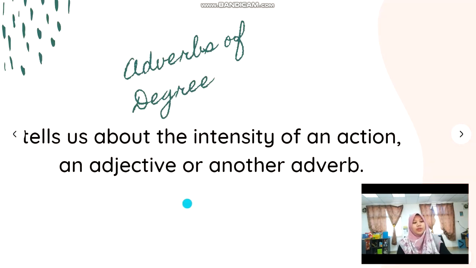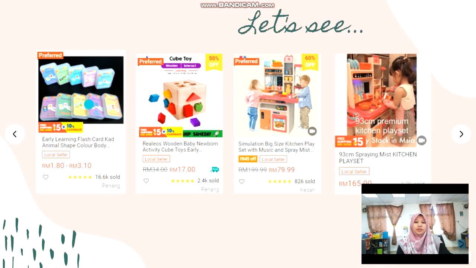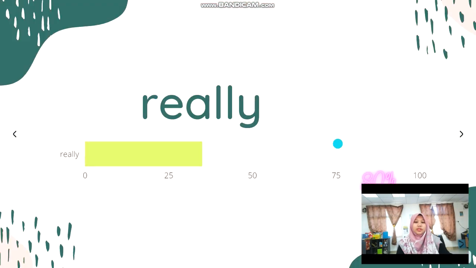Okay, we are going to learn adverbs of degree as well. What are adverbs of degree? They tell us about the intensity of an action, an adjective, or another adverb. Okay, look at these pictures. There are prices on them.